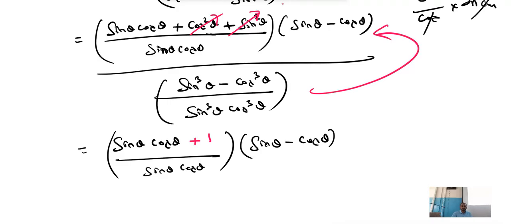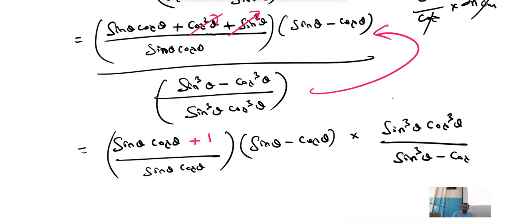So what does it become? Into sin cube theta cos cube theta divided by sin cube theta minus cos cube theta. Done? Clear?